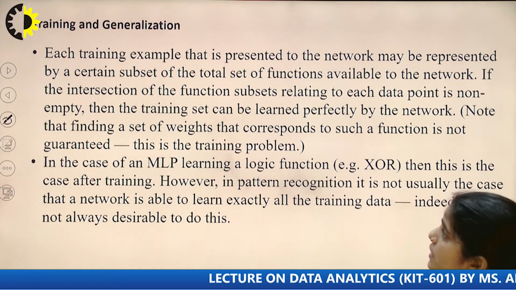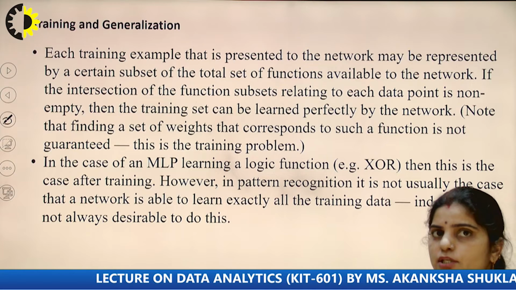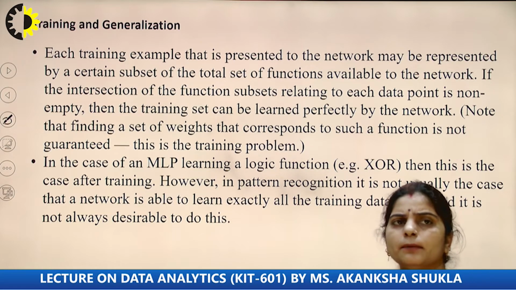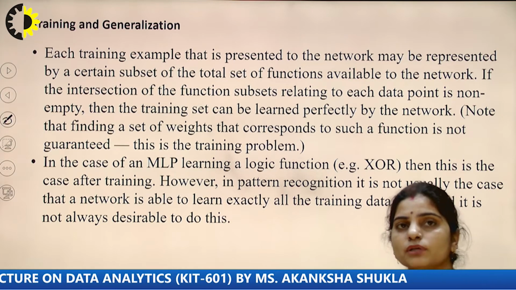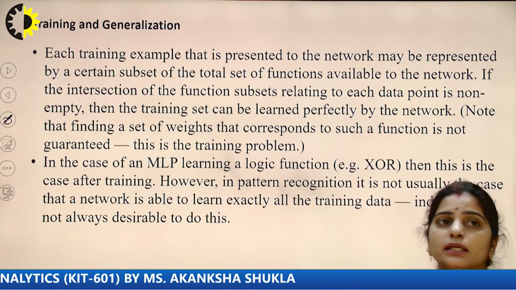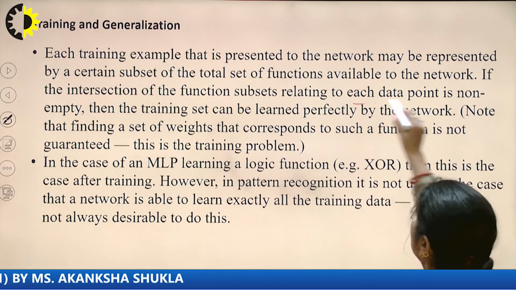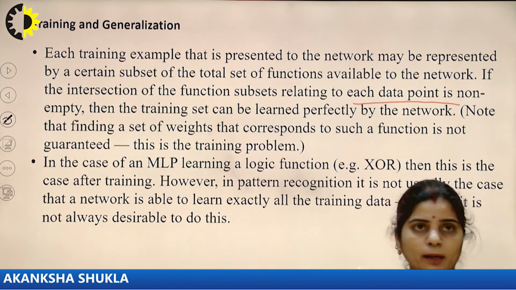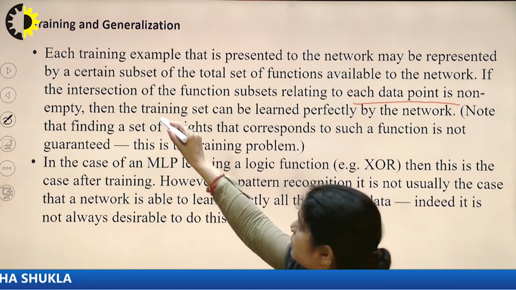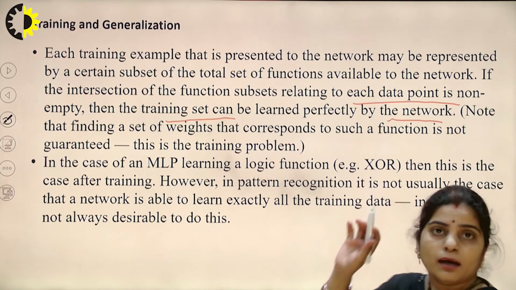Now, what is training and generalization? Each training example presented to the network can be represented by a certain subset of the total set of functions available to that network. If the intersection of the function subsets related to each data point is non-empty, then that training set can be learned perfectly by the network.